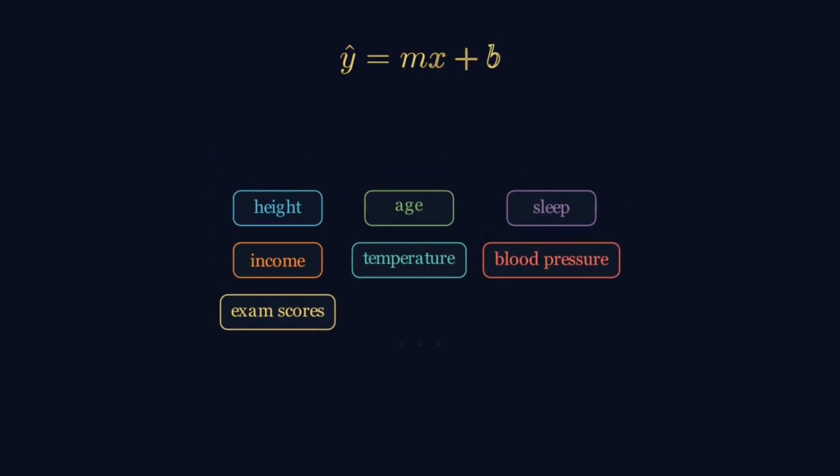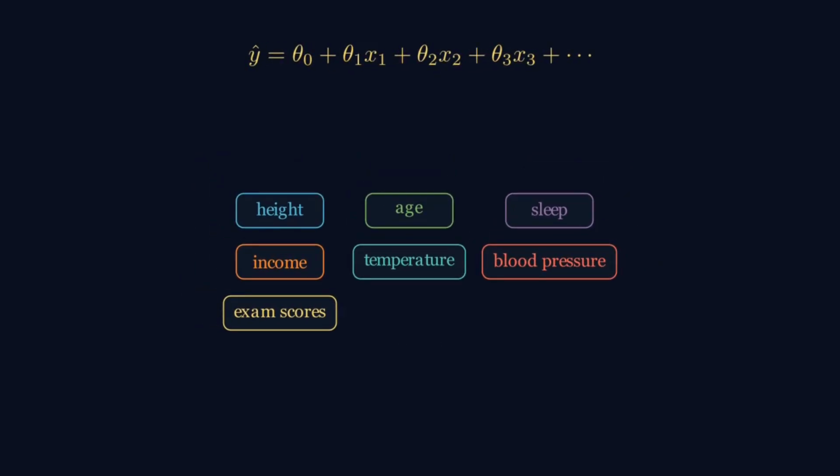Instead of predicting from height alone, we also include age, sleep, income, temperature, blood pressure, exam scores. Now, suddenly, the line becomes something bigger, not y equals mx plus b, but y equals theta 0 plus theta 1 x1, plus theta 2 x2, plus theta 3 x3, and so on and so forth.